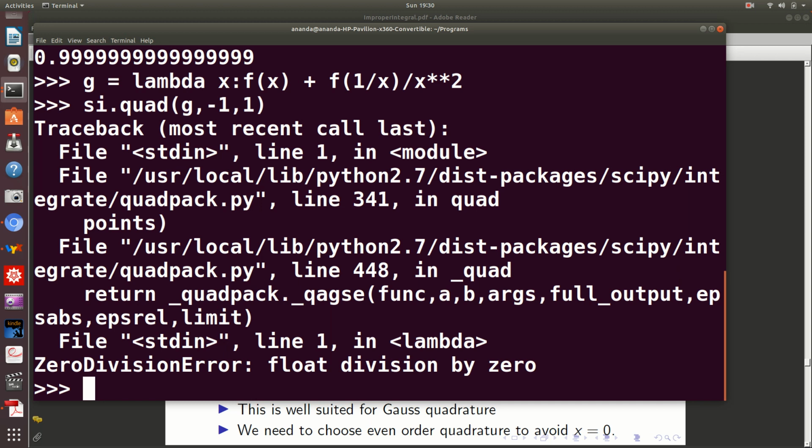Quad uses Gauss-Kronrod quadrature, and either in the Gauss or in the Kronrod part it evaluates the function at x equal to 0.